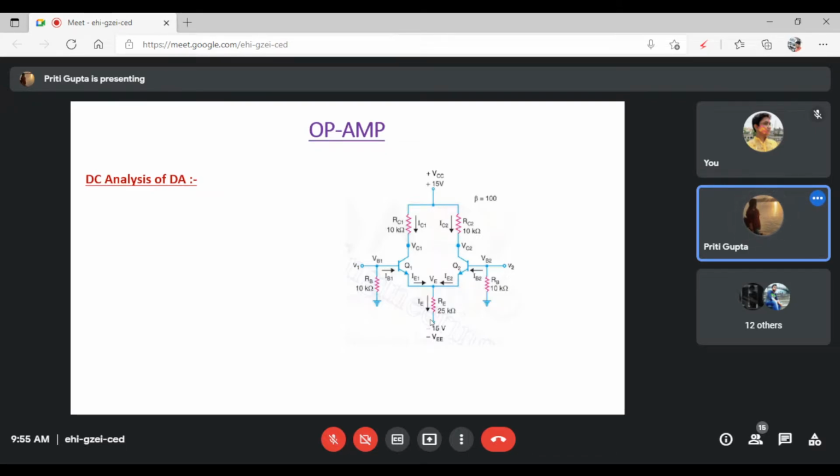Okay, now write down the equations. At first, try to understand. Once you are okay with that, then only write the equation. Lots of equations are there.